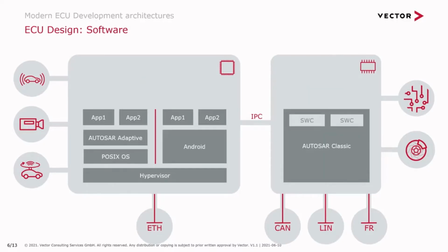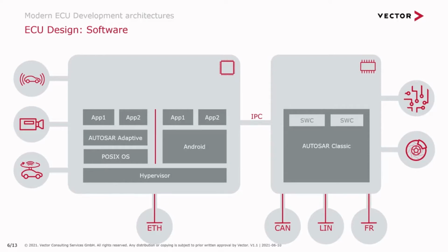Let us have a look also at the software perspective. Starting with the microcontroller, we have an Autosar Classic OS type running, and combined with the software components into one binary, this complete block is put into the microcontroller. Looking at the microprocessor, this looks slightly different.